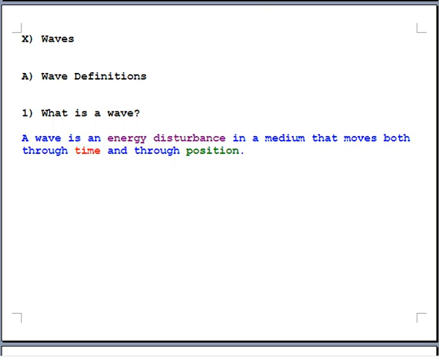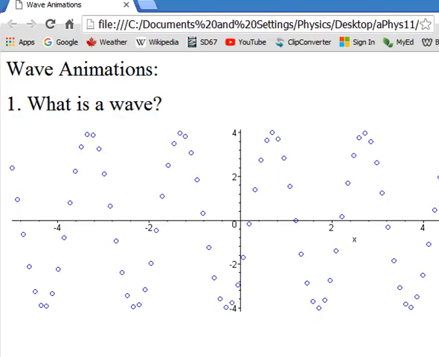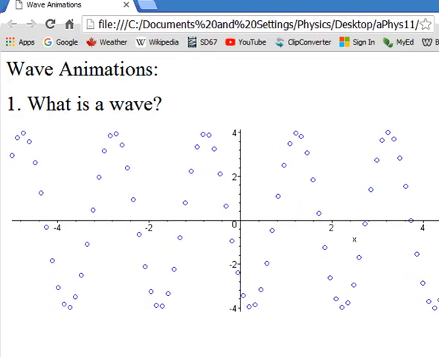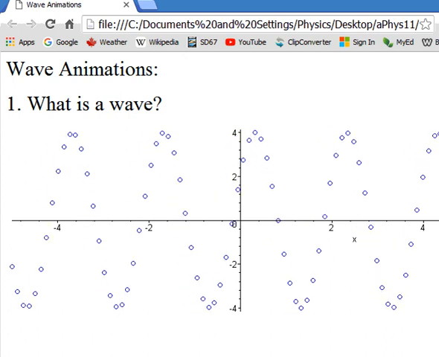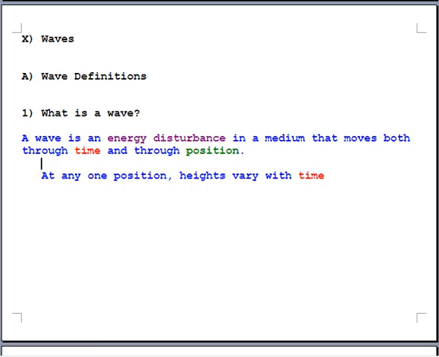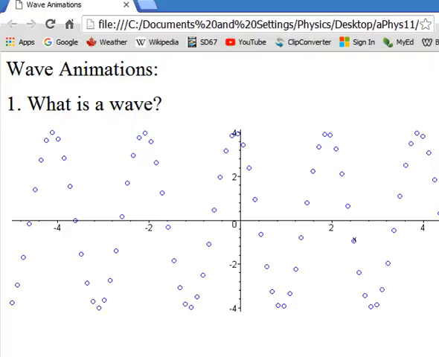So that time and position piece, I want to just focus on that for a moment. That means if you pick one of those blue dots and you stare at it as time goes by, the height has to vary. And that's true of this picture, right? If you pick one of those blue dots and you stare at it over time, its height is going to change. So that satisfies the requirement that heights vary with time.